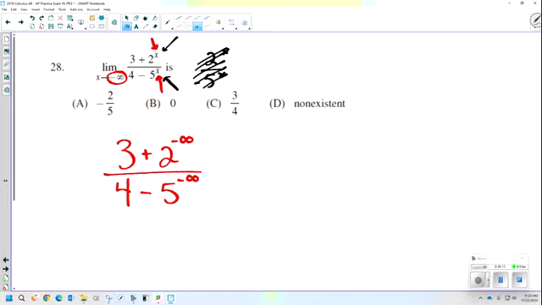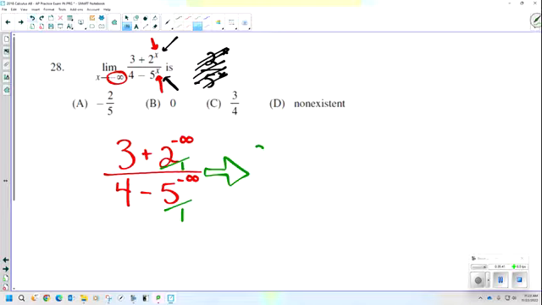I cannot just take this term and flip it here because it's connected with a plus. I cannot take this term and flip it up here because it's connected with a minus. They are not individual terms all on their own. They are connected with pluses and minuses. So I cannot just do that. But what I can do, this is technically over 1, and this is technically over 1.